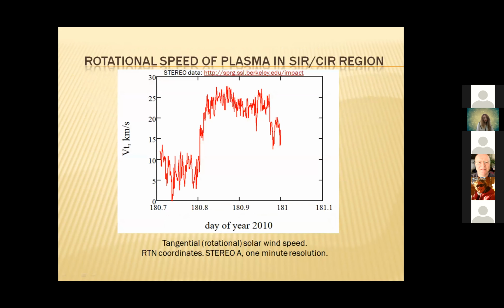It's much faster than the rotation of the solar wind. To compare, in the stream interaction region the typical tangential speed of the plasma is about 20 or 30 kilometers per second. It's much less than 500 kilometers per second, as you can see in this figure. That is, the stream interaction region and the plasma in it have absolutely different tangential speeds.